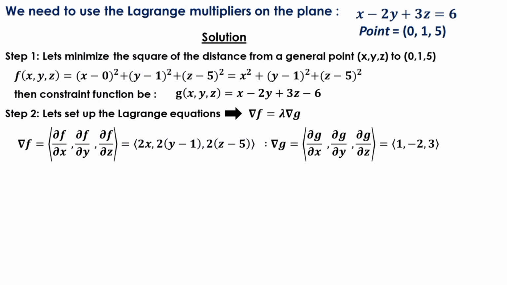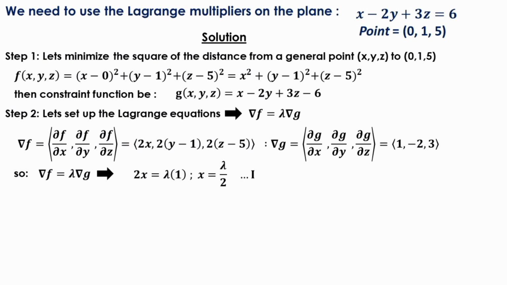The next thing is to insert these component by component into the Lagrange equation. For x, that will be 2x equals lambda times 1, and we isolate x, which gives us equation 1.